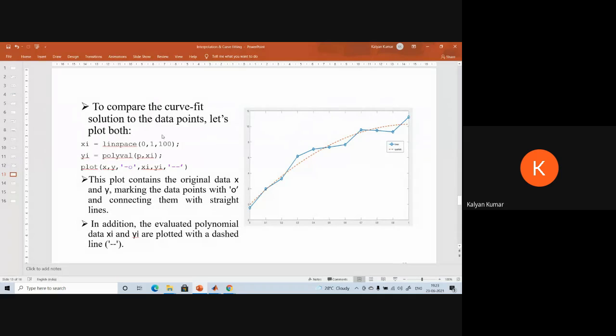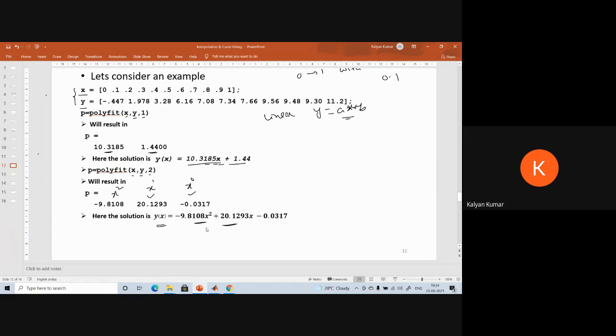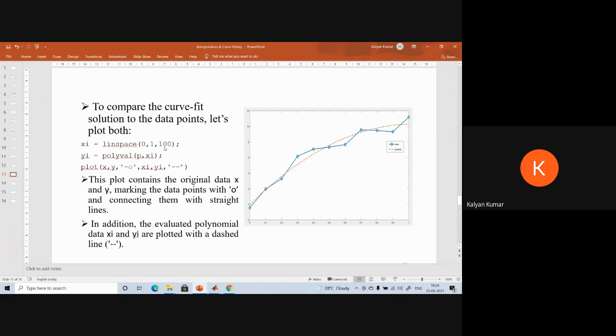To compare the curve fitting technique, let's plot the curves that we are going to obtain with this polynomial and this polynomial. So x values and y values, automatically they will connect by using the linear relationship.